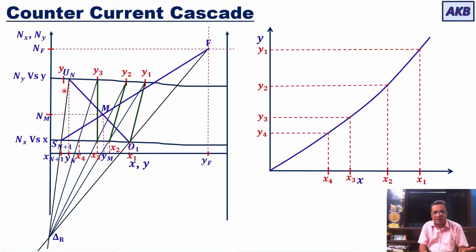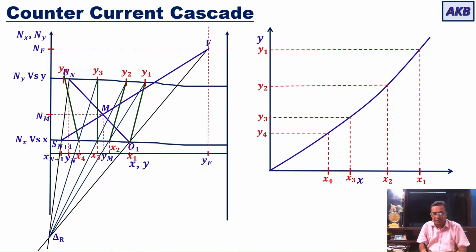So this will be the last location of Y. It is Y4, and X4 and Y4, they will be in equilibrium with each other, so they will be connected with a tie line. So I have drawn tie lines till point Un is reached, and once that point Un is reached, my procedure stops.